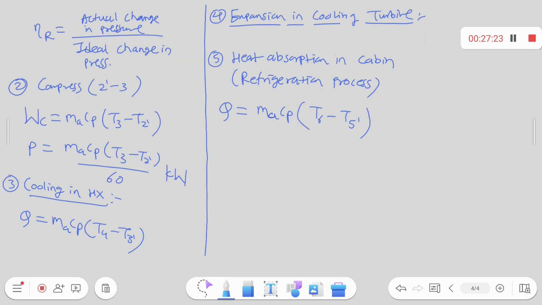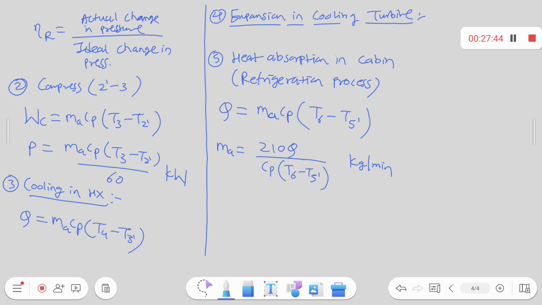Okay. So here to calculate mass of the air, we can use 210Q divided by Cp into T6 minus T5 dash in kg per minute.